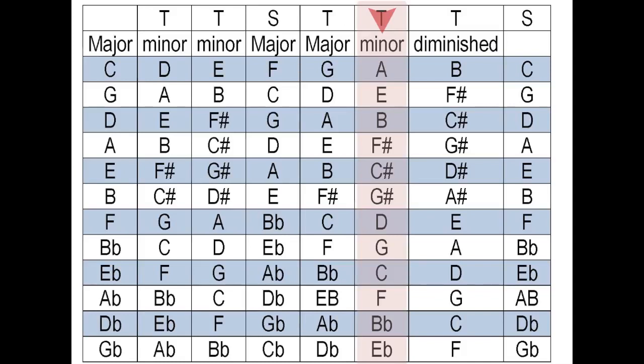And you just take that sixth note, so let's go up to the C major scale. The sixth note is A. If you play the notes A, B, C, D, E, F, G, A, you now have an A minor scale. If you want to do this in an E minor, look at the sixth column, find an E, use the notes E, F sharp, G, A, B, C, D. Now you have an E minor scale. It's that easy to find your relative minor.